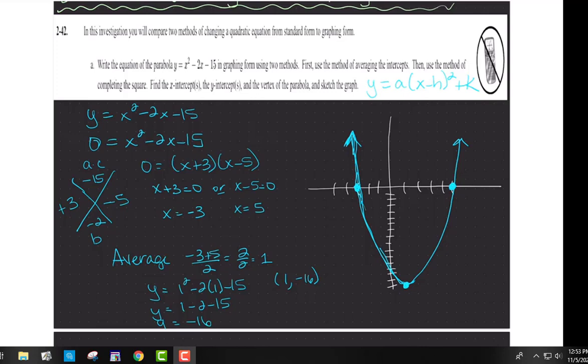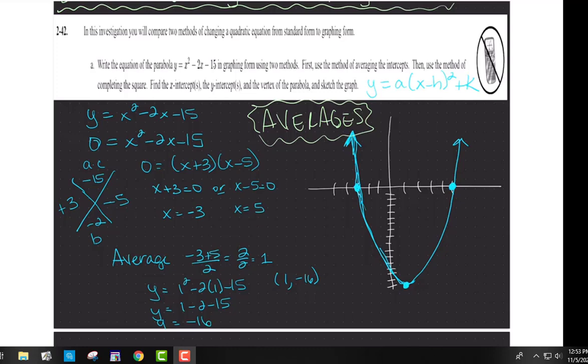Okay. So this is when we use averages to figure out how to draw our parabola without using a graphing calculator, right? So we're just going to take our quadratic, we're going to factor it or solve it, and then that's going to give us our 2 x-intercepts.